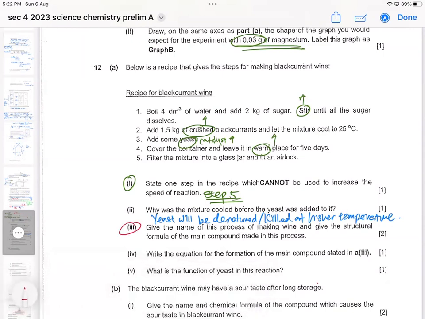Let's go to part iii. The name of the process of wine making, as we have seen, is the fermentation of sugar. So the process here is fermentation. The question asks for the structural formula of the main compound formed. Fermentation actually produces ethanol, so the question asks you to draw ethanol. Ethanol has 2 carbons, and then there is the OH. Alcohols contain OH, and the rest of the bonds will all be hydrogen.